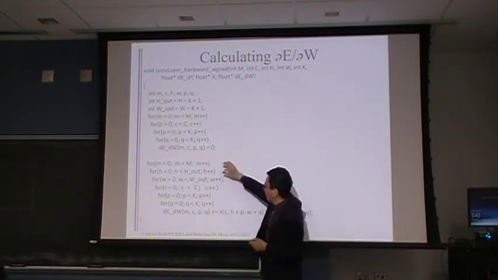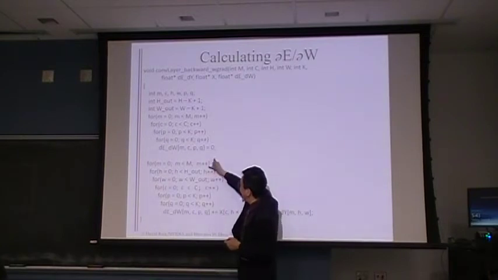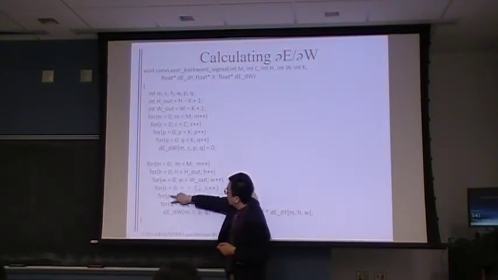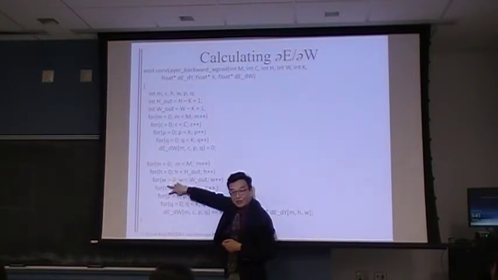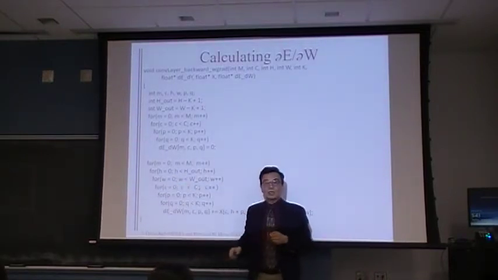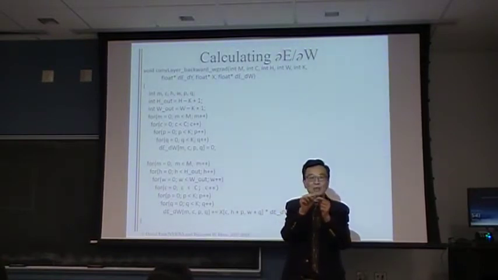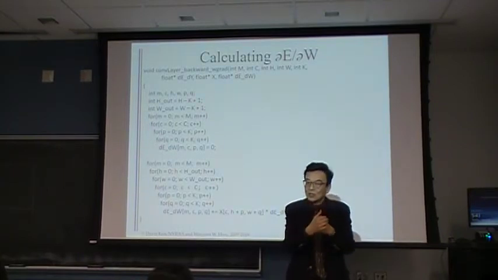So I use those as the two outer levels, and then I will use the P and Q as the next level, because I will be generating one element, the importance of one original filter element, in each of these iterations, right?